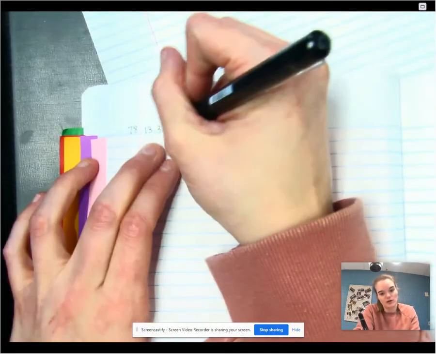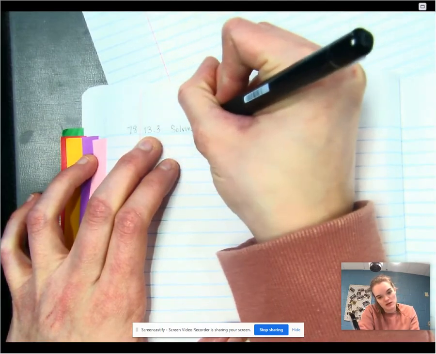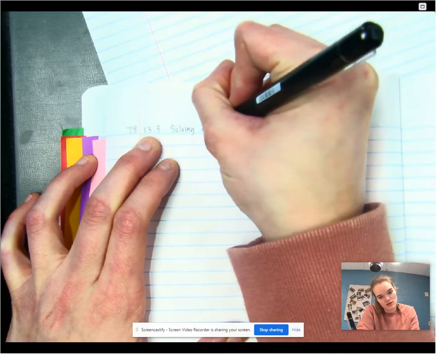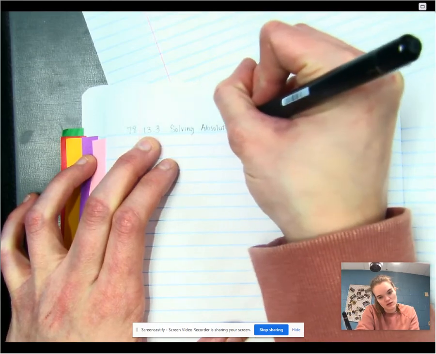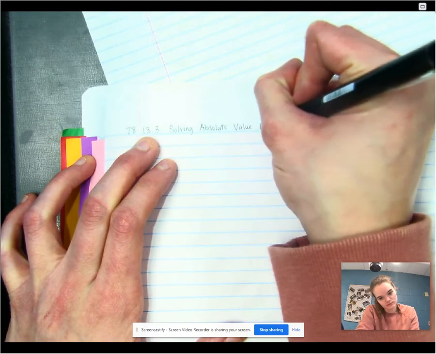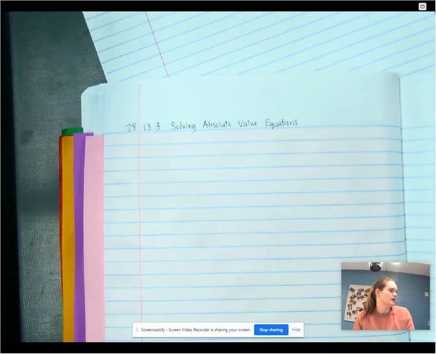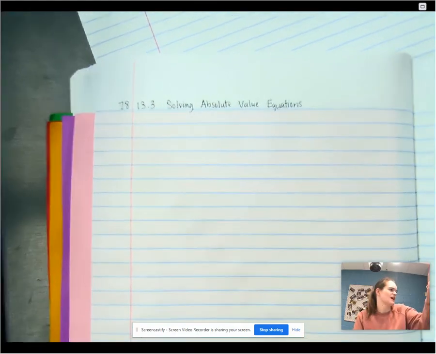Solving absolute value equations. Okay, so there is the tab, the title for 78.